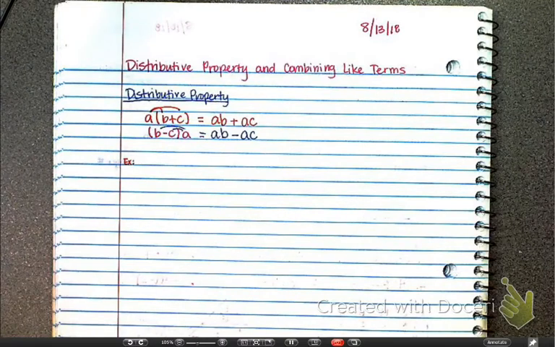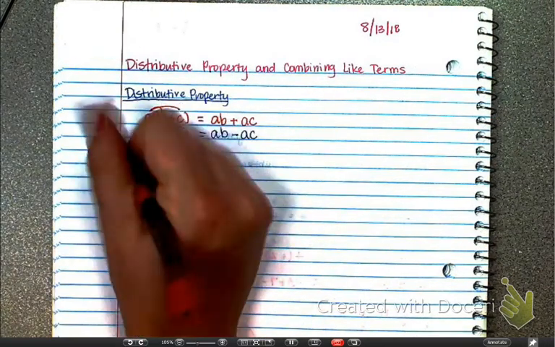Okay. I'm going to give you 6 examples that I would like you to try. If you need to use your group, that's fine. If you can do it by yourself and then check with your group, that's okay too.